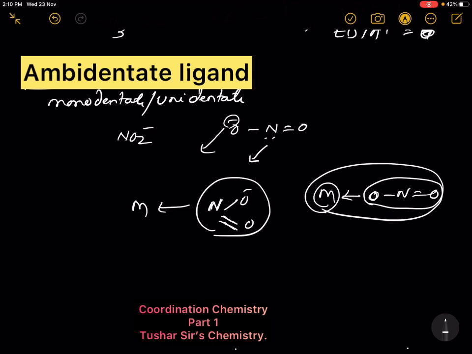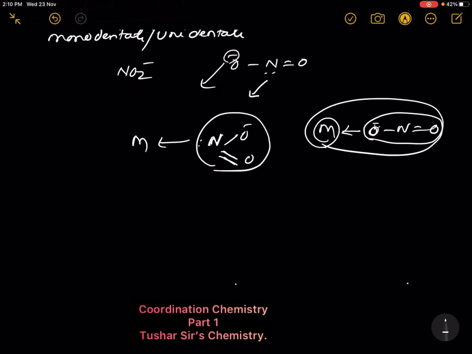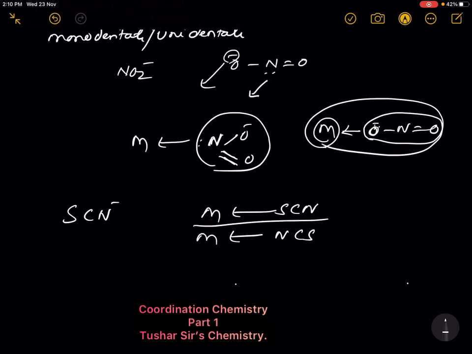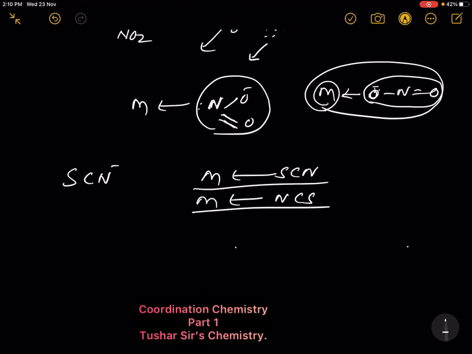Similarly, another example we can take is SCN minus. It can connect to the central atom through S or through N. If it is connected through S, we can write thio for sulfur, thiocyanato.